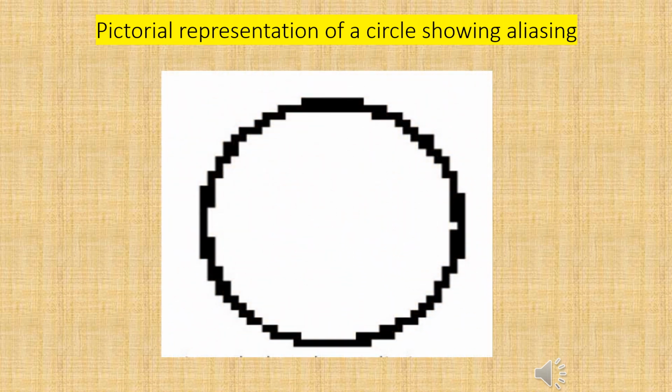Now, to have an idea about aliasing, you can go through the pictorial form of a circle which is being shown on your monitor, and in that you can observe that the circle is composed of small dots, and those dots are not taking a very smooth and curved shape. They are constituted by taking the help of jagged lines.